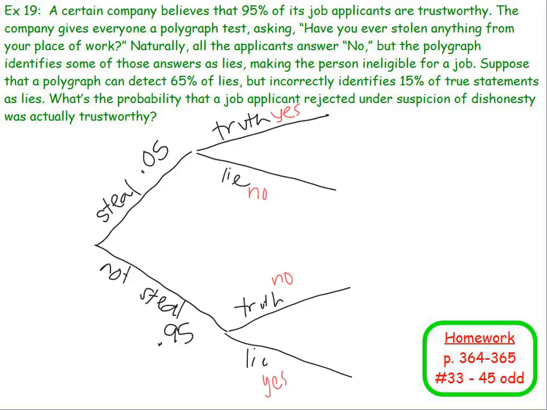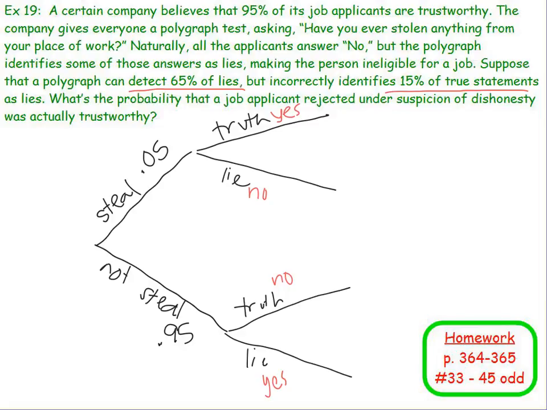Here's the reason that I had to do truth and lie and yeses and nos. Because it says, suppose that a polygraph can detect 65% of lies, but incorrectly identifies 15% of the truth. So they detect 65% of the lies.